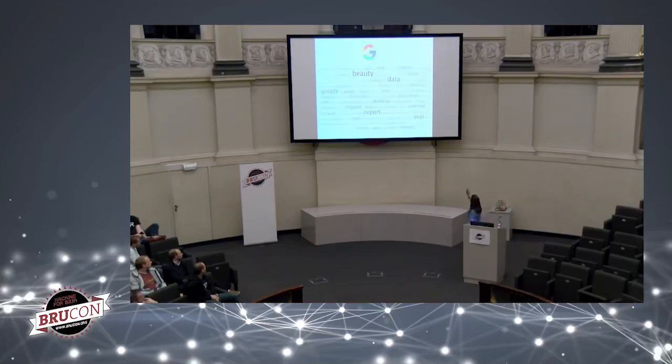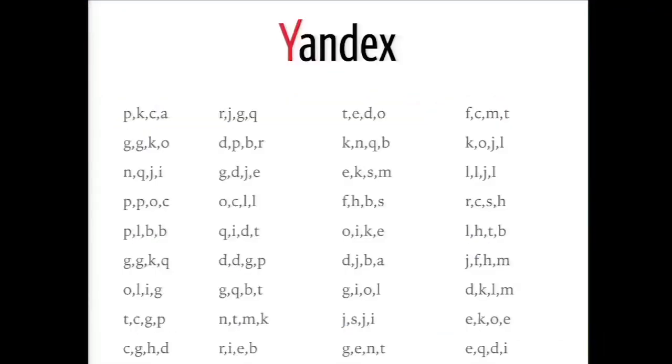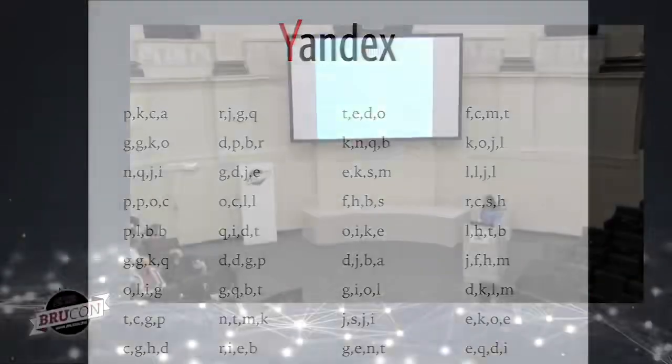The example in Google looks pretty much the same, so the list is almost identical. However, Yandex stands out. We don't know why, but the bot is searching for combinations of letters in Yandex. This is just a small example. There are lots of combinations of letters, but I cannot put them all on the slide, obviously.